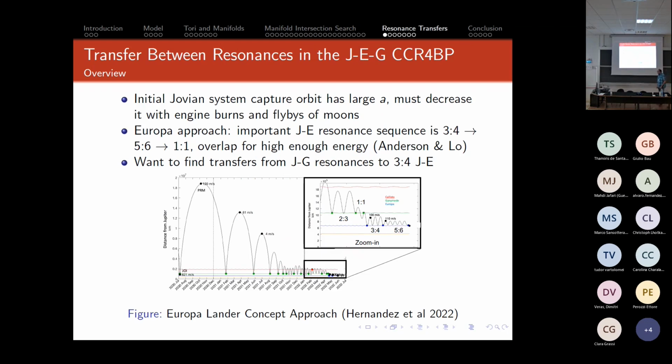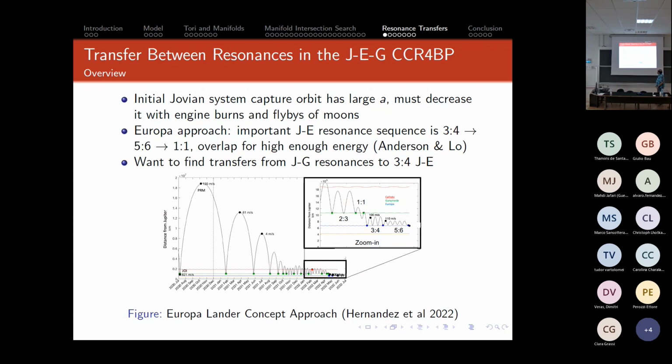The thing is that usually when you enter the Jupiter sphere of influence on such a mission, you start out with a high semi-major axis, and then you use engine burns and flybys of moons to decrease that. Again, related to stuff Professor Ross was talking about in the morning.